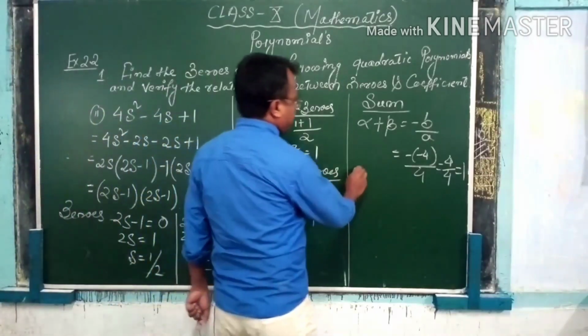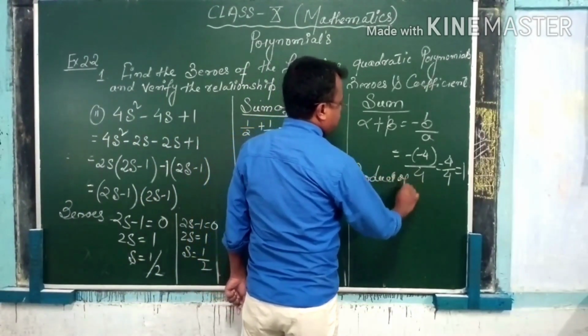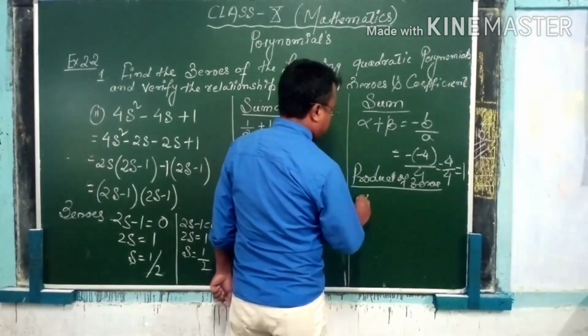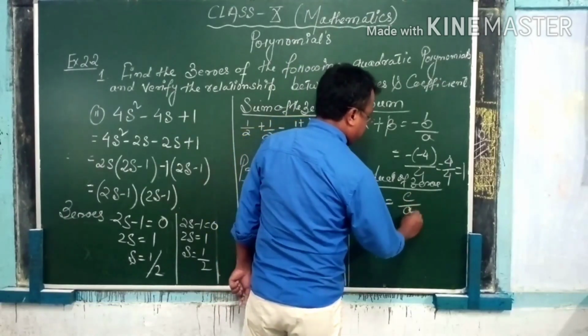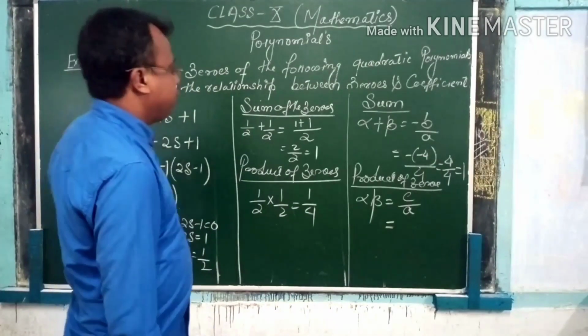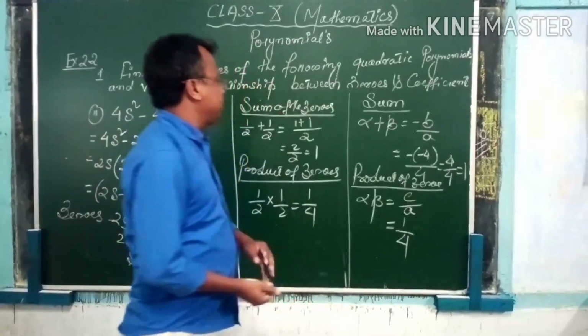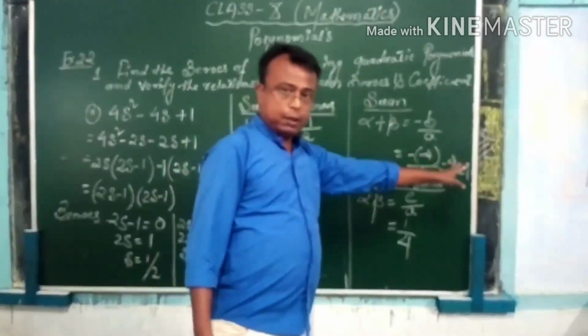Again, the product of the zeros is alpha into beta, which is equal to c by a. What is c here? C is 1 and a is 4, so 1 by 4. I am getting the same answer. Here the sum is 1, and here also I am getting 1.